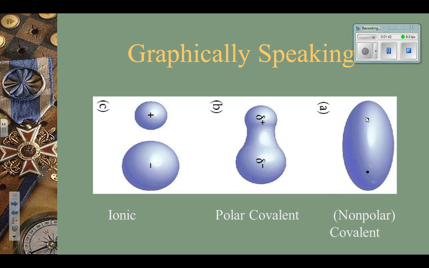If it's a non-polar covalent, it is just one molecule, nicely lozenge shaped, with two atoms sharing electrons. But in reality, if it's polar covalent, it's some kind of blobby thing where the electrons are shared between the two, but not equally shared. And this sign that's in here, we'll get to in just a second. Okay, so this is a polar covalent. That's what we're going to focus on here for a little bit.